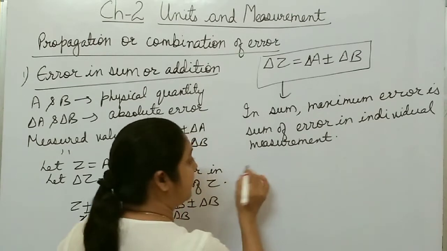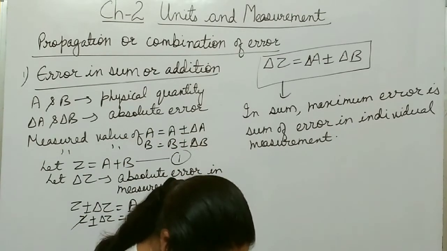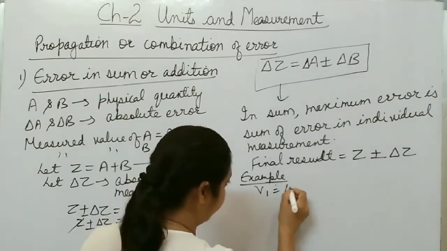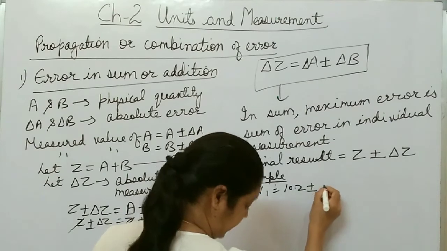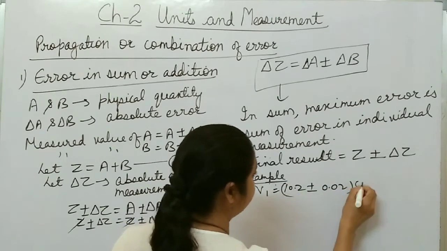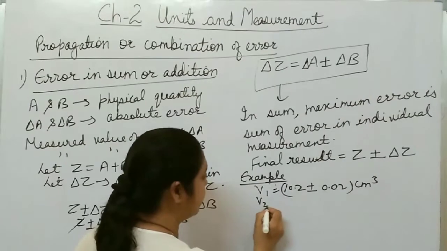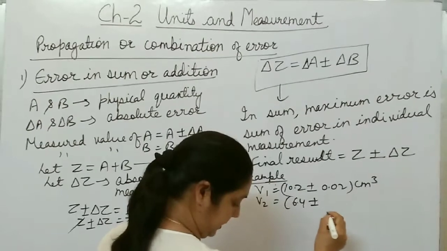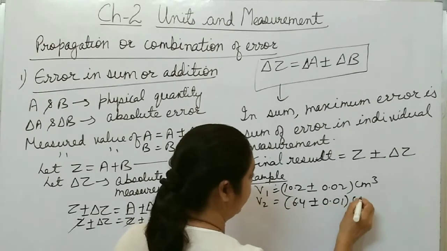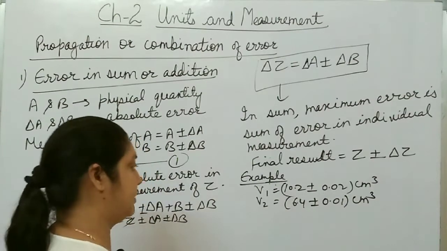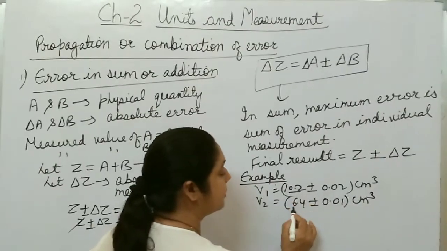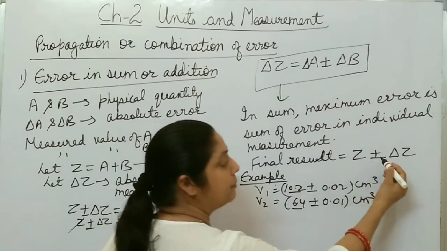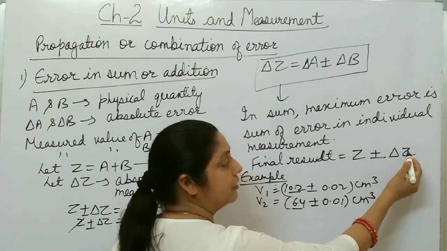Let me be clearer with the help of one example. Let us suppose the final measurement of volume V1 is 10.2 plus minus 0.02 centimeter cube, and the final measurement of volume V2 is 6.4 plus minus 0.01. Now you have to add these two volumes. The final result is the true value plus minus the sum of absolute errors.